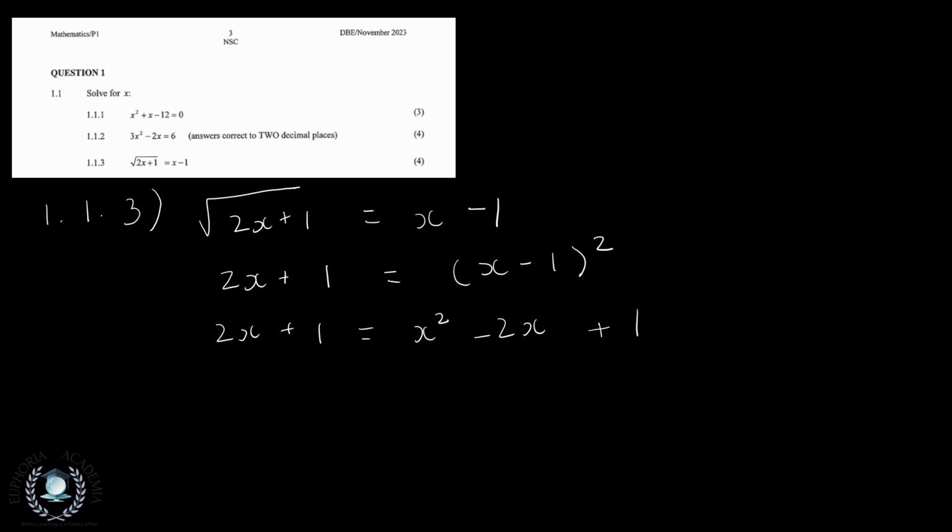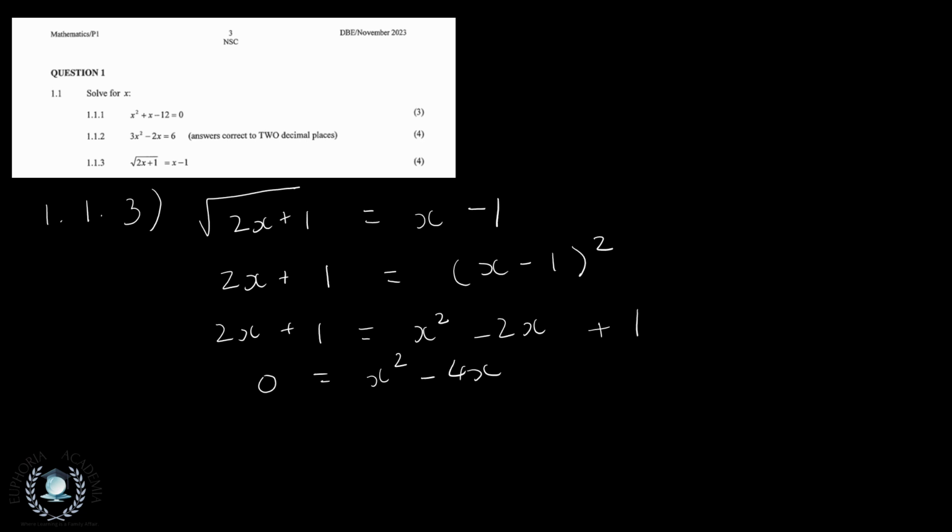All right, so I want to write things all on one side, and how I'm going to do that, I'm just going to take the 2x as well as the 1 to the right hand side. So we're going to end up with 0 being equal to x squared minus 4x, and that's going to be minus 1 this side, right hand side minus 1. So we're going to have 0 for the constants.